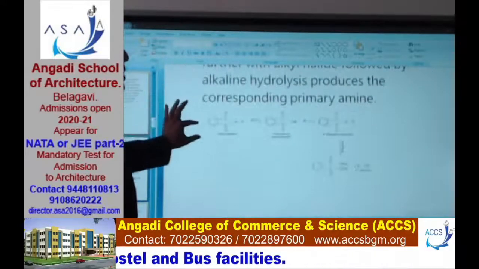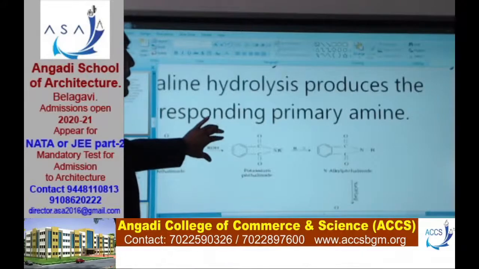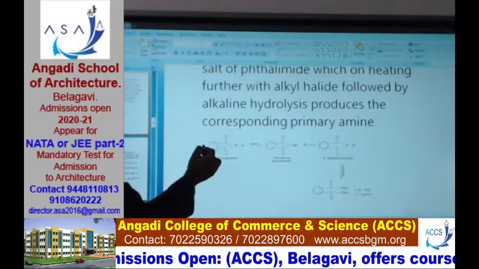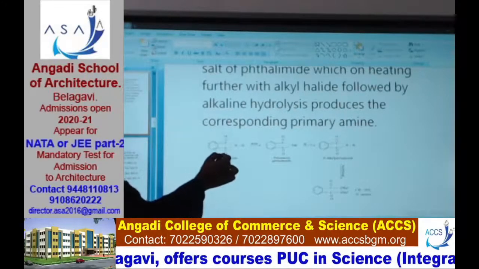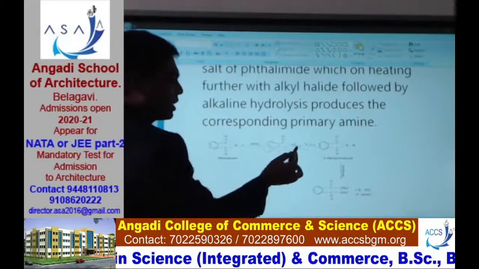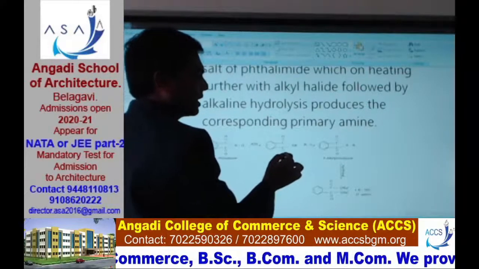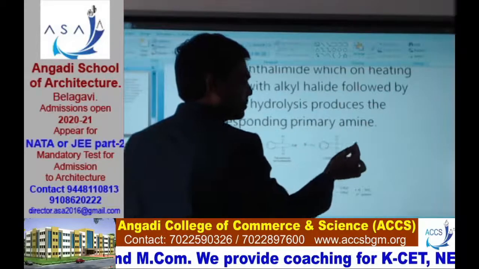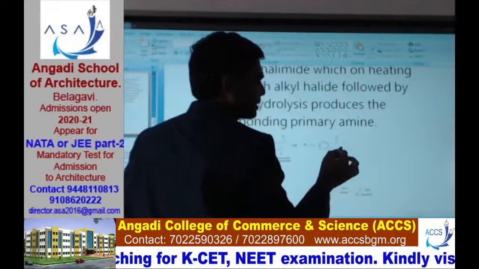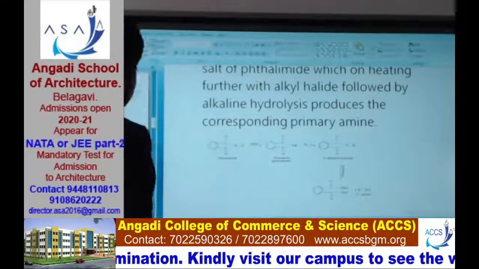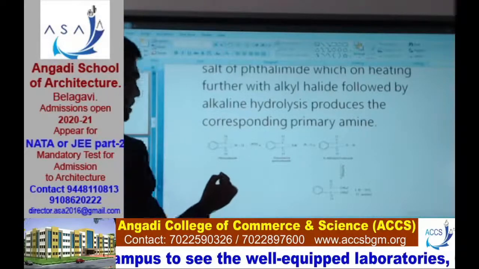Okay, so this is the reaction for that. You can see here, this is called phthalimide, which is having two C double bond O groups. Add alcoholic KOH, you get potassium phthalimide salt, add the RX compound, you get N-alkyl phthalimide, then you will get this product. Again, I will write the final product structure here.